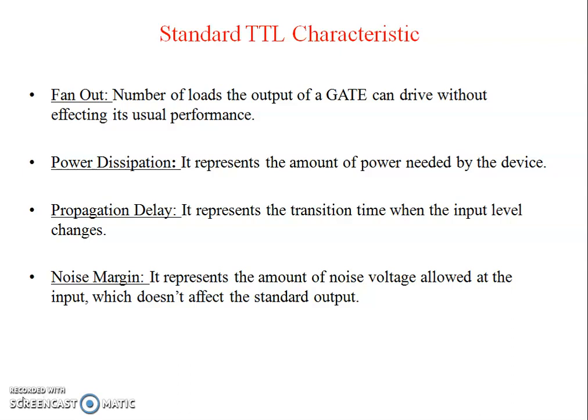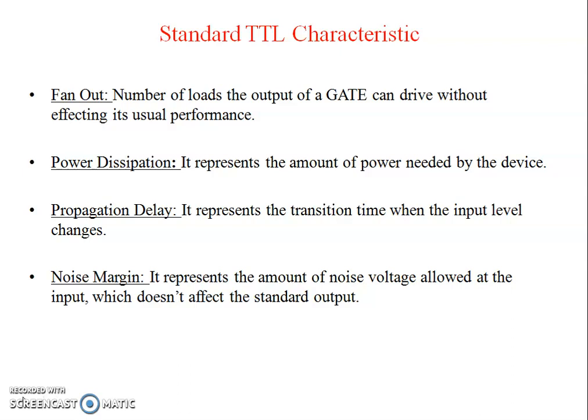Fan out is the maximum number of inputs that can be connected to the output of a gate, or the number of loads that the output of a gate can drive without disturbing its normal operation. Okay, and the load is the amount of current required to drive the input of another gate in the same logic family.